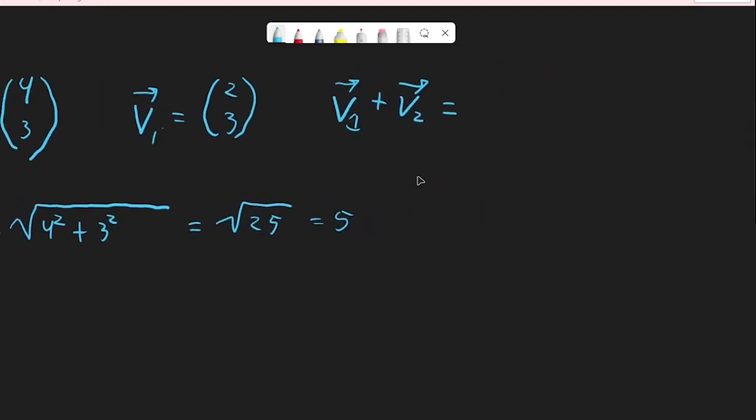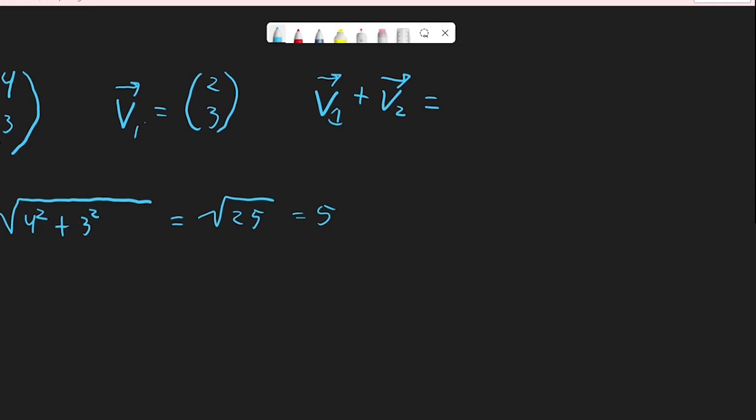So that'll be vector 1 here, 2, 3, plus vector 2, which was 4, 3. To add vectors to each other, you take the inputs.